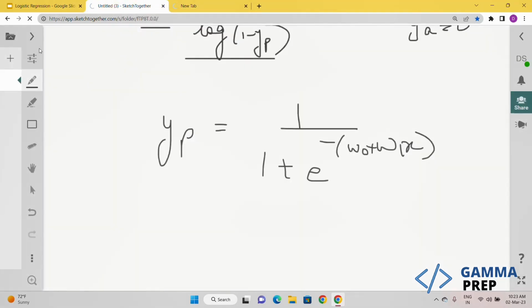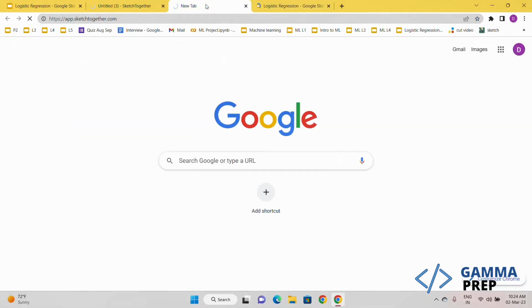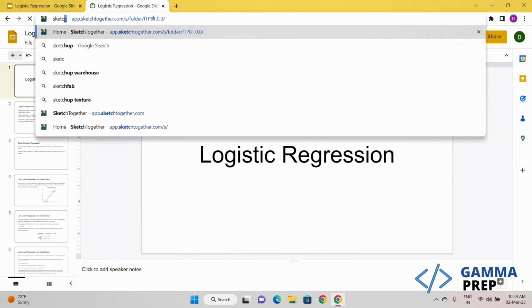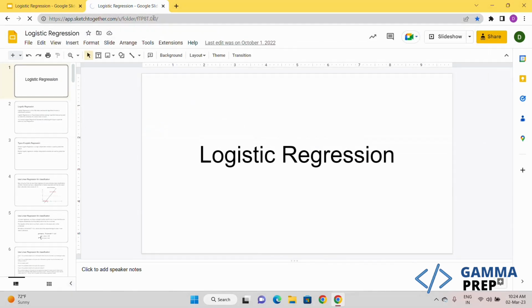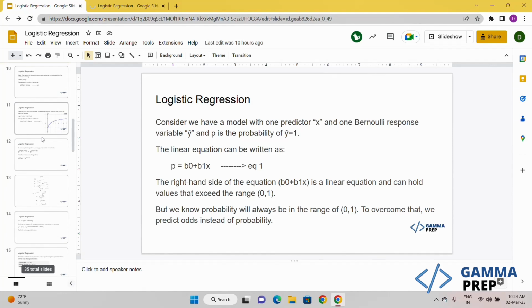Let's just check. Otherwise, we'll move to the slides. Am I able to open anything else? Yeah, there's something wrong with the sketch. Let me close these and open. Okay, no worries.